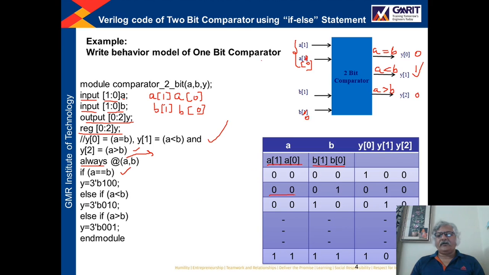Comparison will be done. 0 0 will be compared with 0 1, or 0 0 will be compared with 0 0. So in this way comparison will be done.